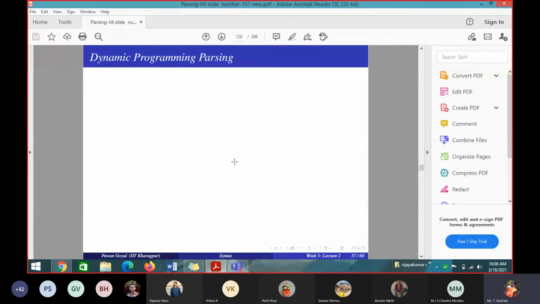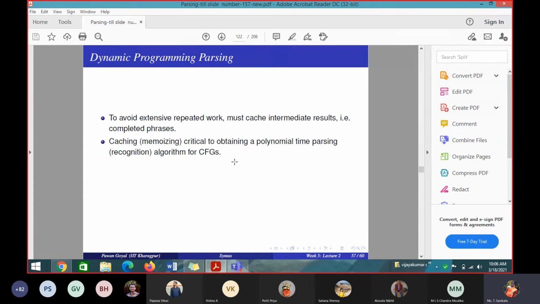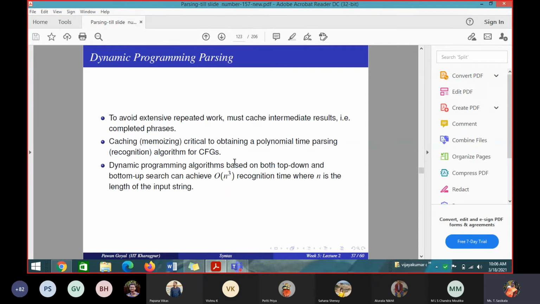There are different dynamic programming algorithms for top down and bottom up. Here they have used one dynamic parsing algorithm. Why are we going for this? To avoid extensive repeated work. Otherwise you go back, get a partial phrase, it does not complete the entire sentence, and again it goes back, and the time will be more doing all these recursions.